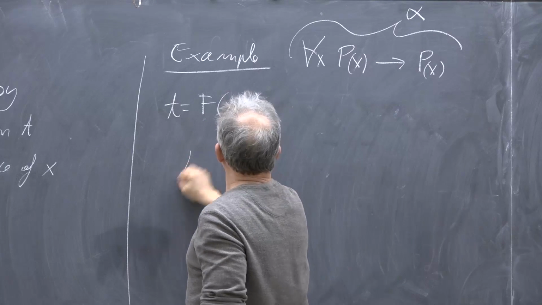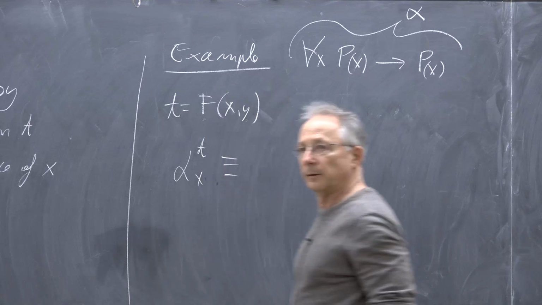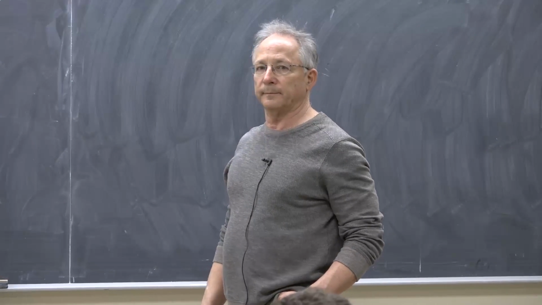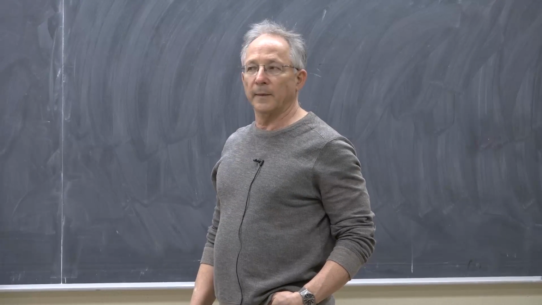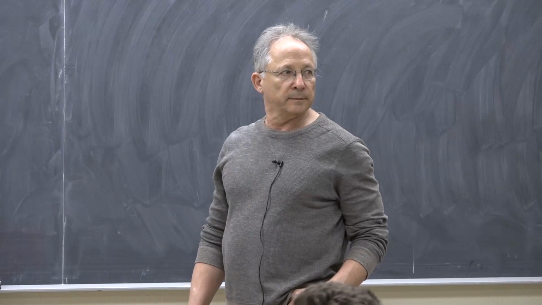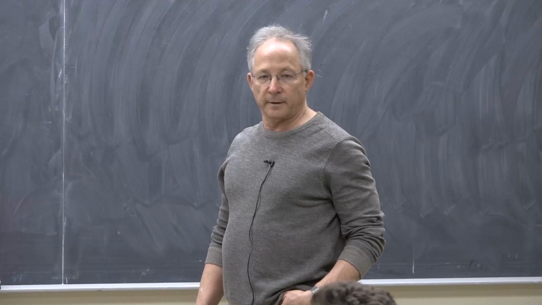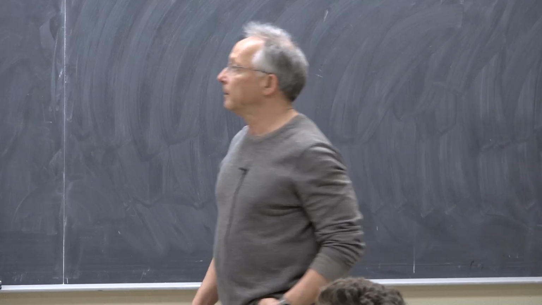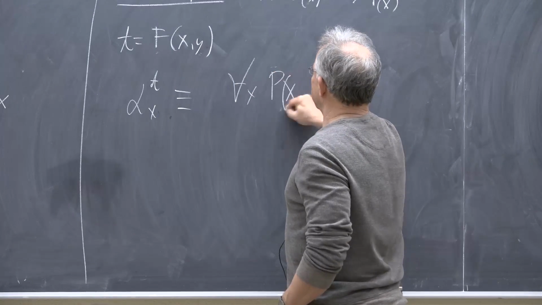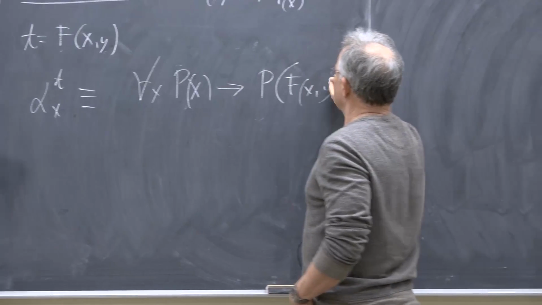So what will be alpha with t substituted for x? What will we get? Anybody wants to try? Yes. For every x, p of x, arrows p of f of x y.